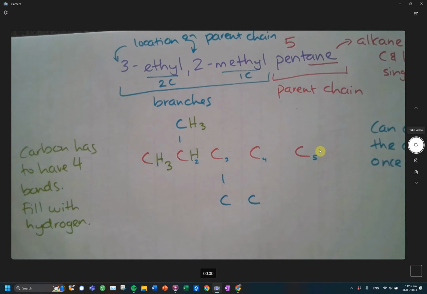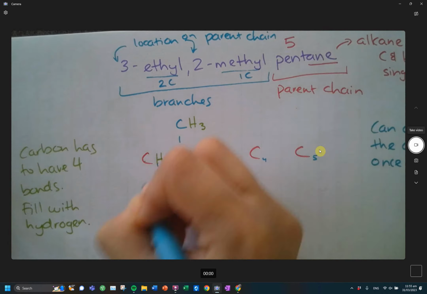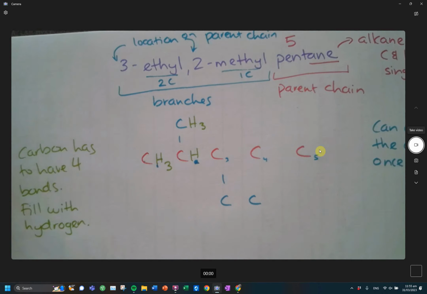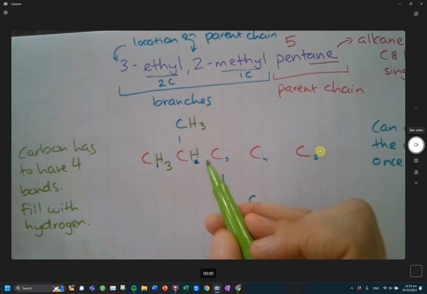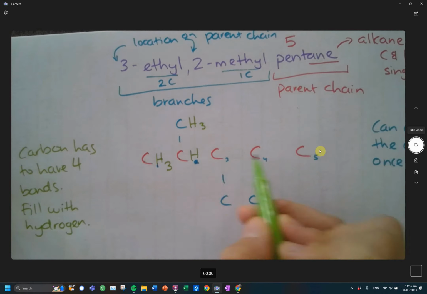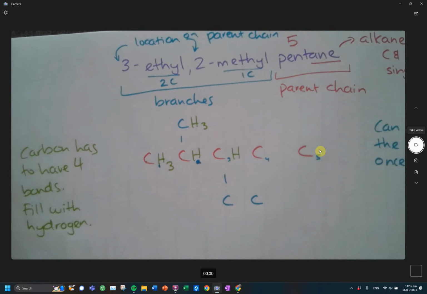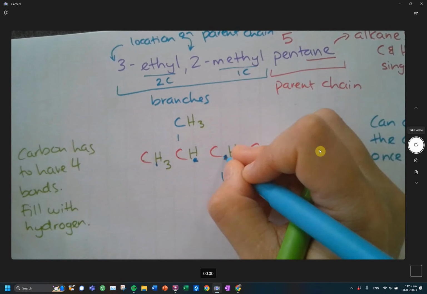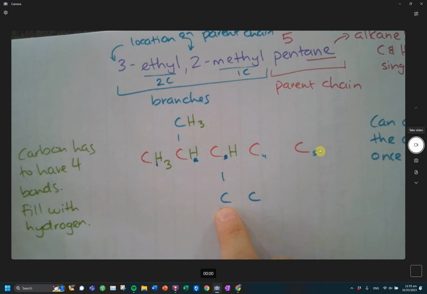So those numbers aren't there to indicate anything special. It's just to help us number carbons. I'm just going to cross them out so you don't get confused. All right, this carbon here. 1, 2, 3. So how many hydrogens? Just the 1. Cross this guy out. All right, this carbon here. 1, 2. So just 2. This carbon here.